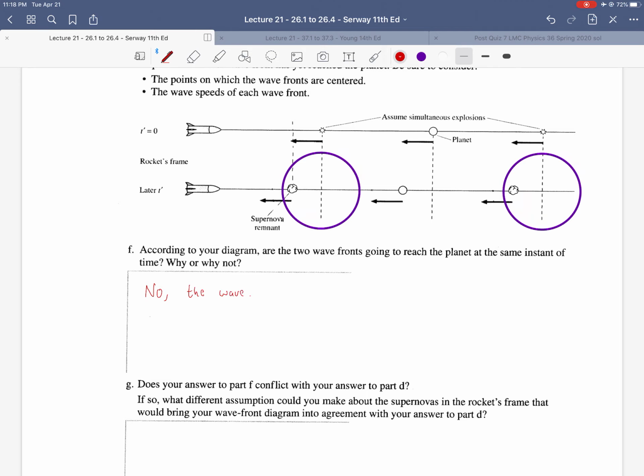The wavefront, like a ripple in a pond, on the left, the one from supernova L, will reach the planet first.